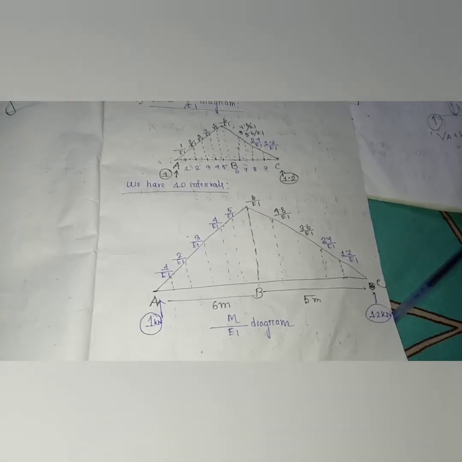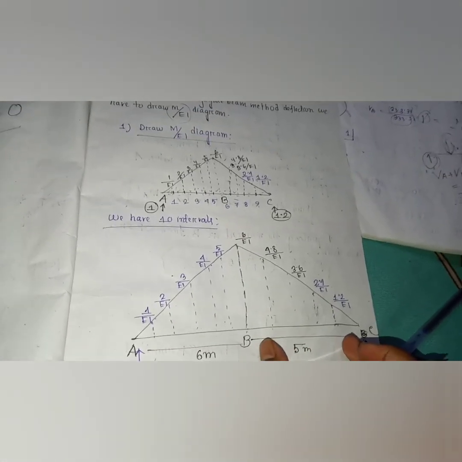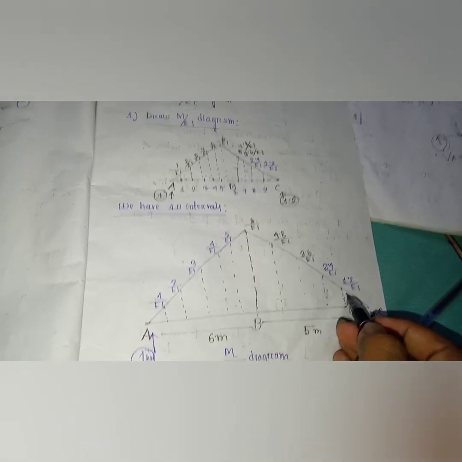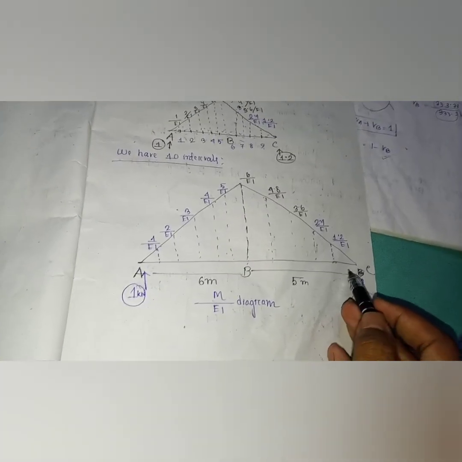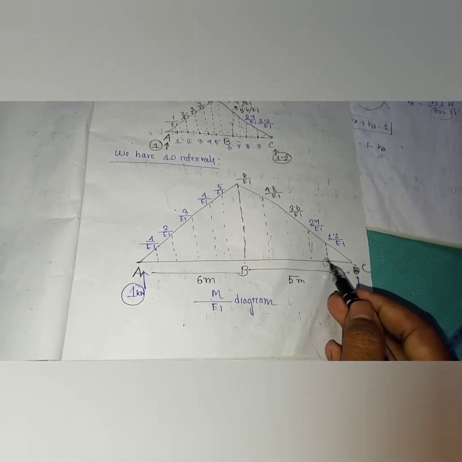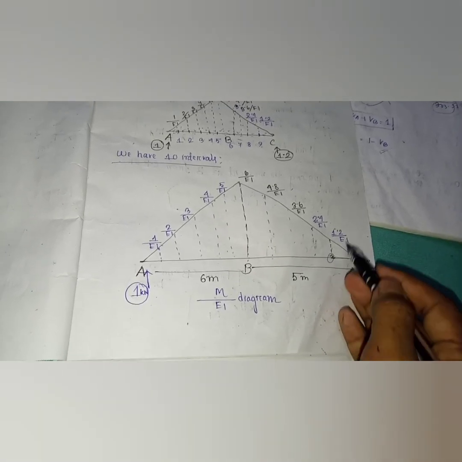I have drawn the M by EI diagram of it, and each interval is 1 meter, right? And this portion is 6 meter and this portion is 5 meter. We have drawn the M by EI diagram. It is a triangular part, you can see it. And the values, like suppose here the value is RC into what? RC into the distance, that means value of RC equal to 1.2, that means 1.2 into 1 is 1.2 by EI.